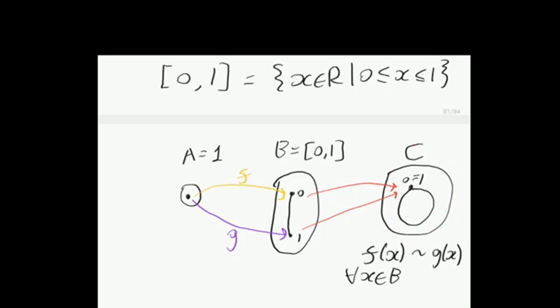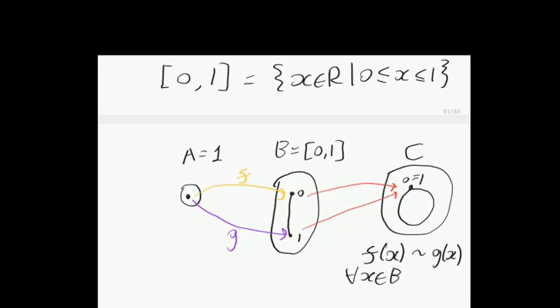So basically, the way that we can do this is that if we have these two maps, f and g, from 1 to our unit interval, what we can do is take what they call the co-equalizer of these two maps.